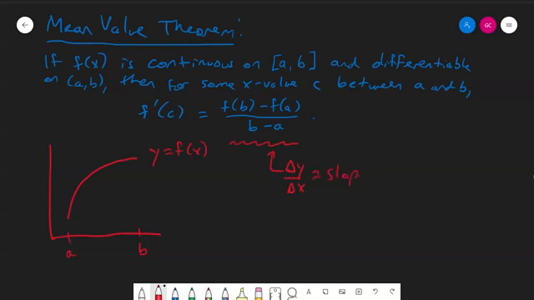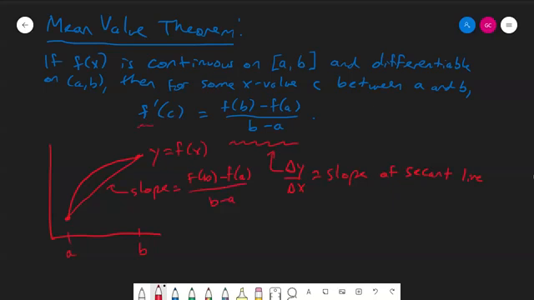So it's a slope of some sort. And in fact, it's the slope of what we call a secant line. That's the line that connects the start point and the end point of this bit of function graph right here. Okay, so the slope of this is f of b minus f of a over b minus a.